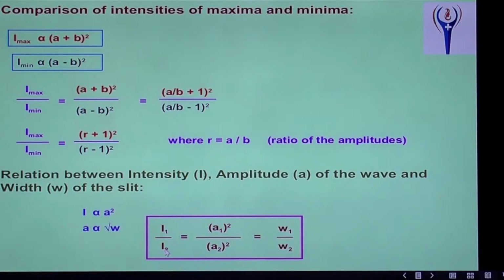Therefore, I1 by I2 equals A1 square by A2 square equals W1 by W2. W1 by W2 is the ratio of the widths of the slit. Here I1, I2 are intensities, A1, A2 amplitudes.